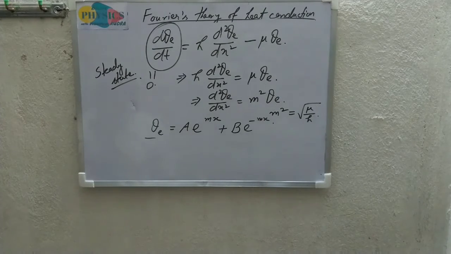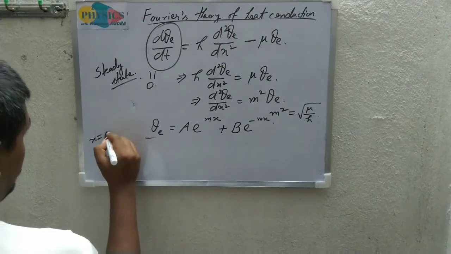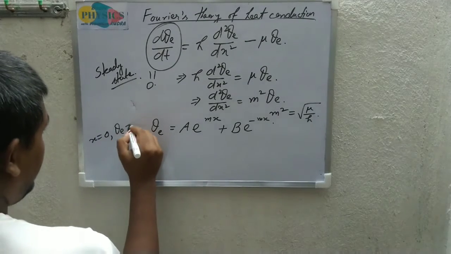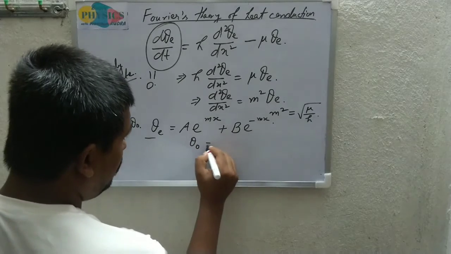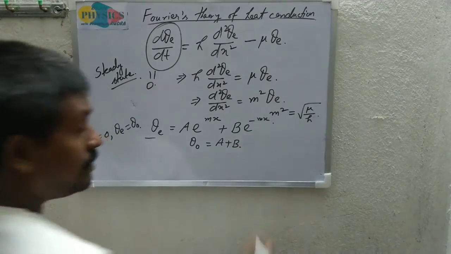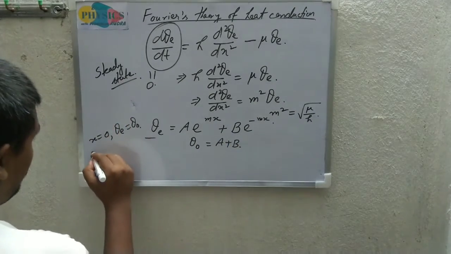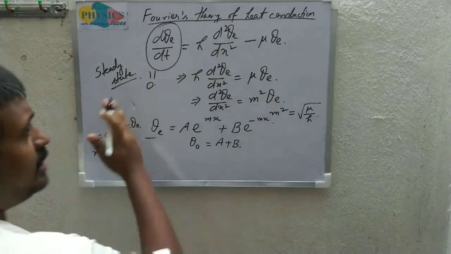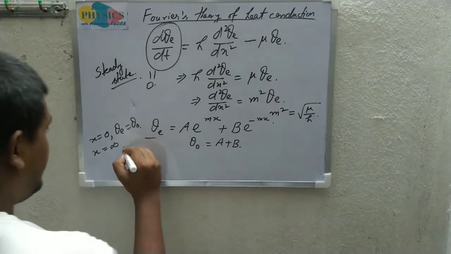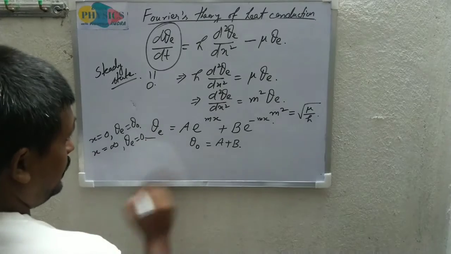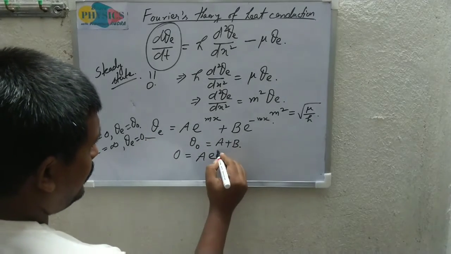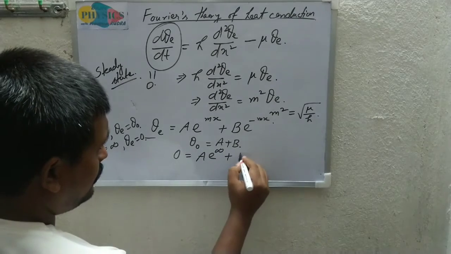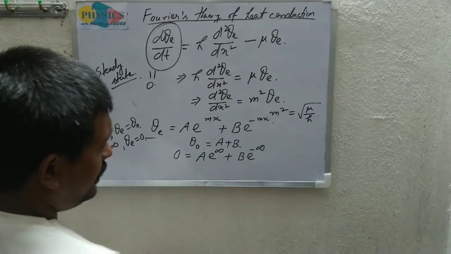Now suppose a condition that for x equal to 0, theta e equal to theta 0. Then theta 0 equals a plus b. And another condition: if x equal to infinity, meaning infinite length, then theta e equal to 0.